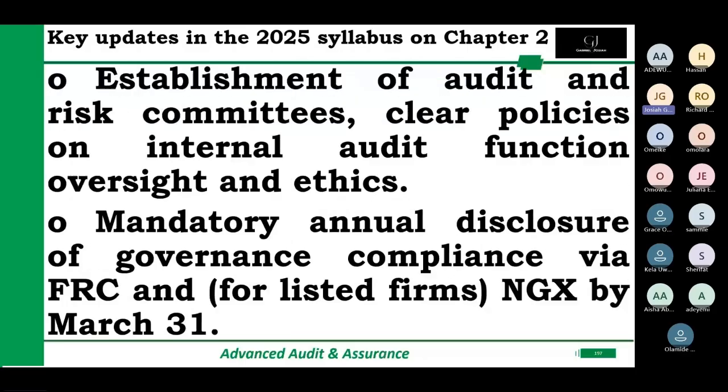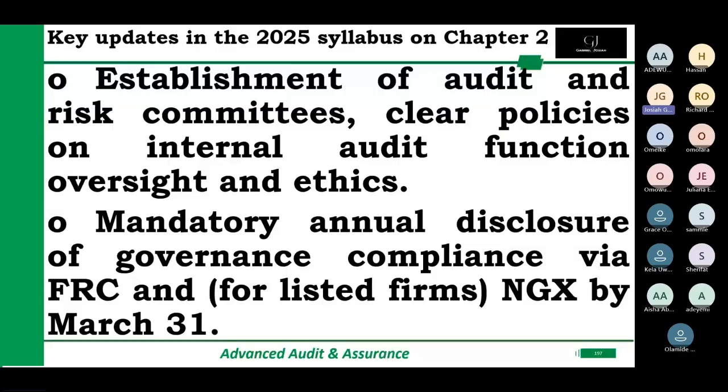Clear policies on internal audit function, oversight, and ethics, and also mandatory annual disclosure of governance compliance and the financial statements via the Financial Reporting Council, which for listed companies must reach the Nigerian Stock Exchange by 31st of March every year, are all key features of the Nigerian Code of Corporate Governance of 2018.